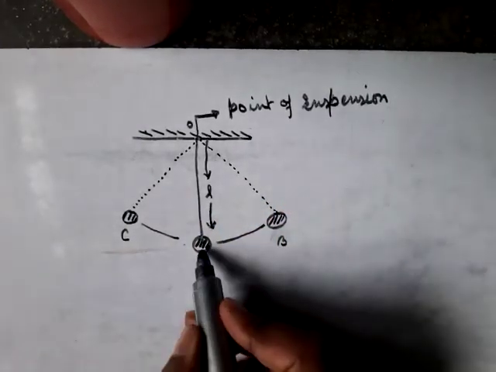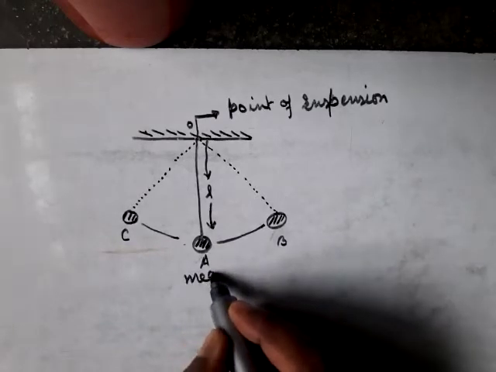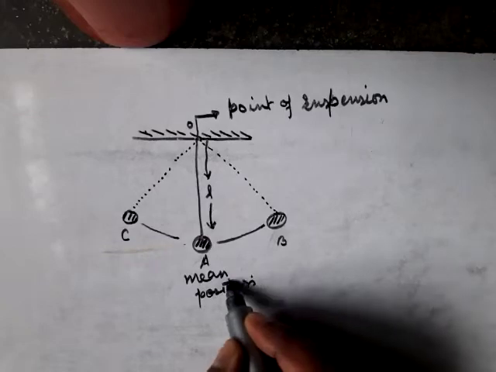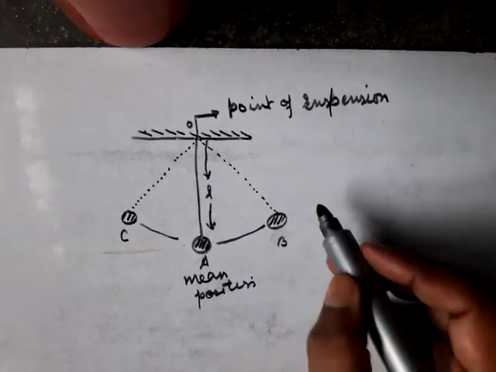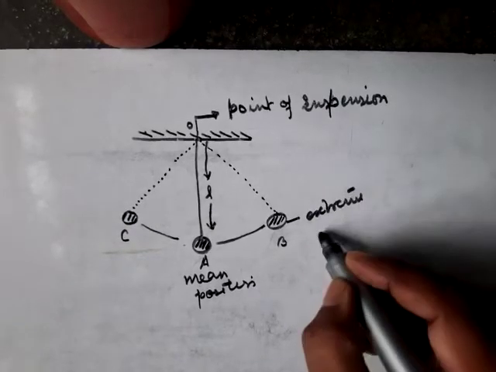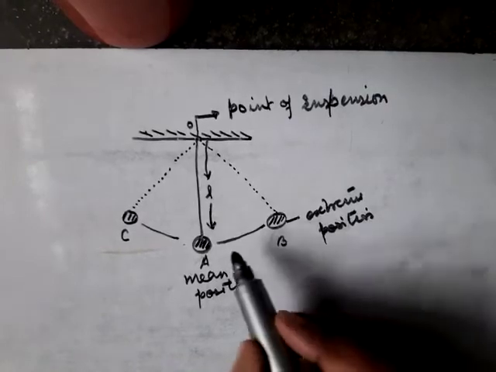When the bob is in rest position, that is called the mean position. This is the mean position where the simple pendulum is in rest condition, and this is the extreme position where we allow it to swing.